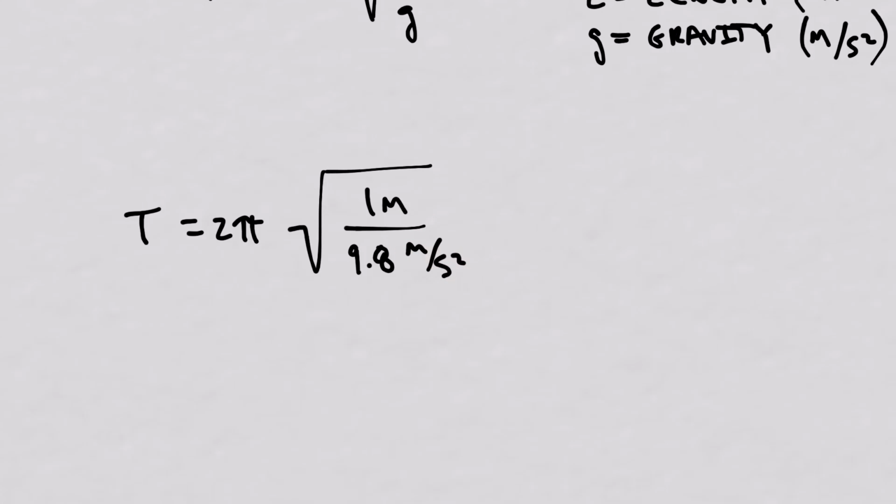Because we have meters in both the numerator and the denominator, these meters cancel out. So now, we're left with the square root of 1 over 9.8 over seconds squared.